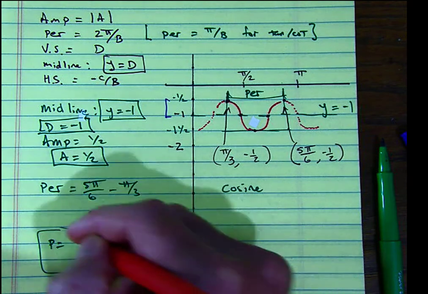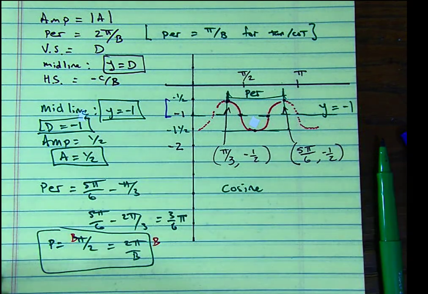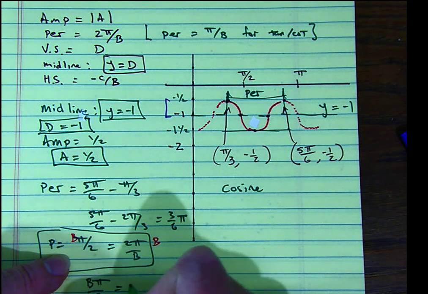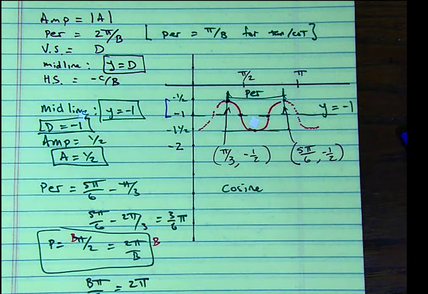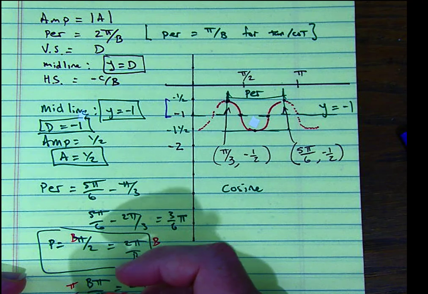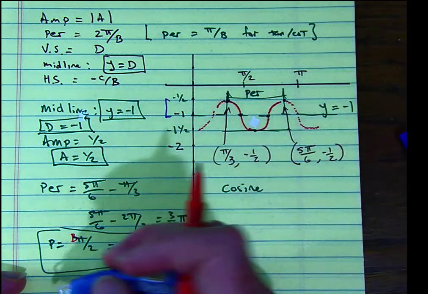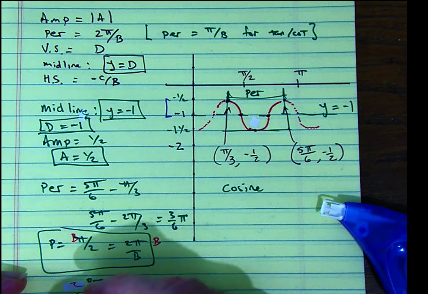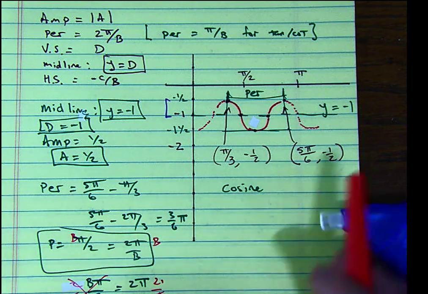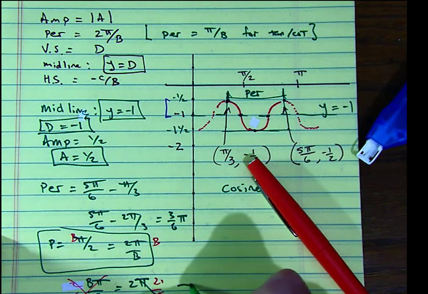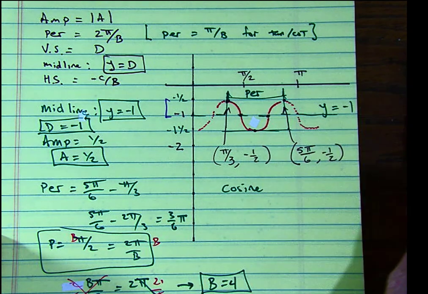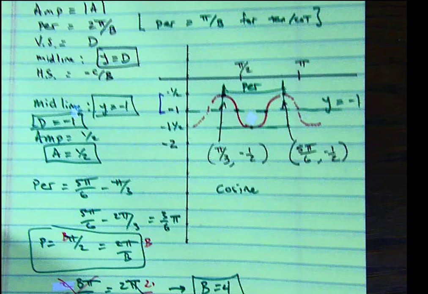So I'm going to multiply by B. So B pi over 2 equals 2 pi, and multiply again by 2 over pi. That reciprocal will cancel everything. And it turns out here the pi's cancel. So B equals 4. Hey, we found our third parameter.